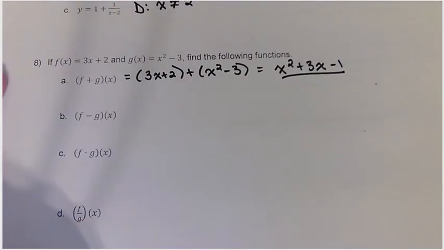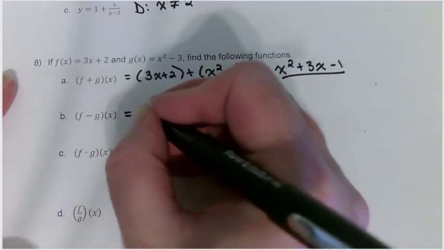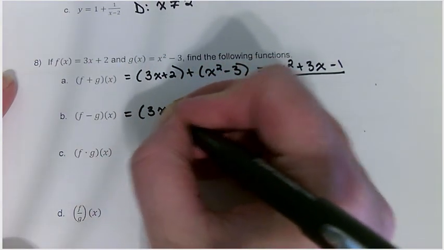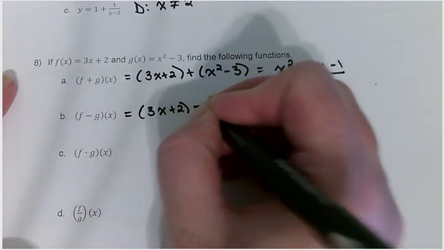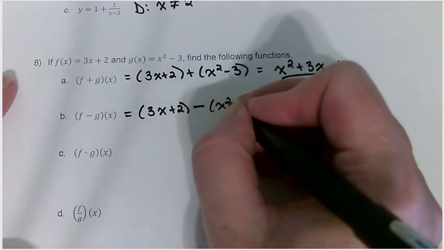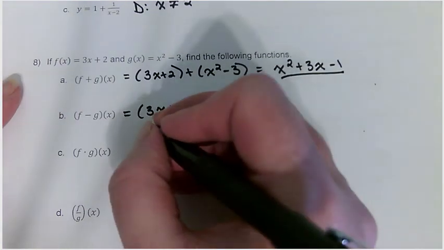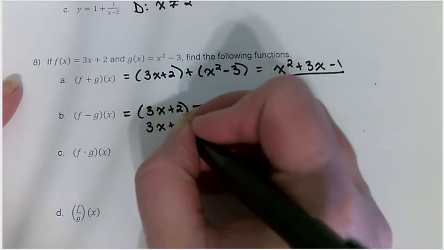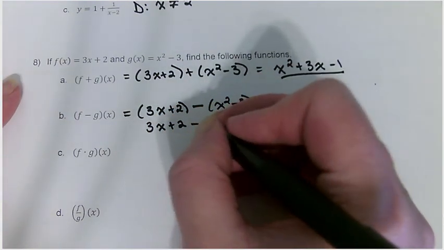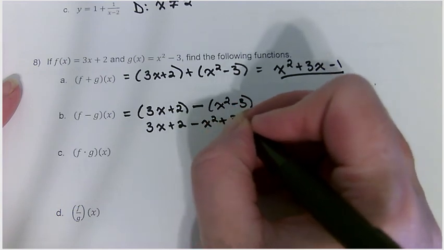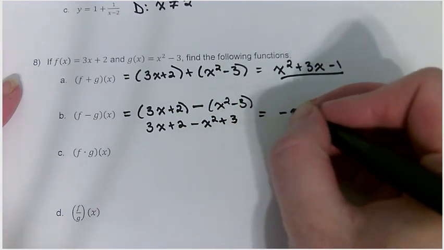What do you think this means? It means to take f and subtract g. So this one, I would have to actually distribute that negative in the second parentheses and then combine my like terms.